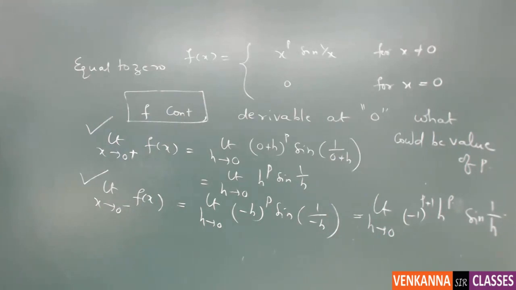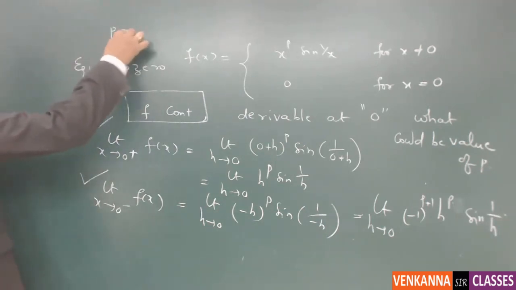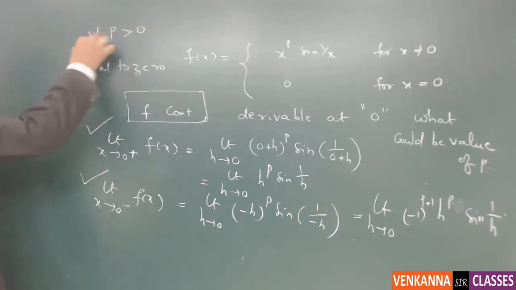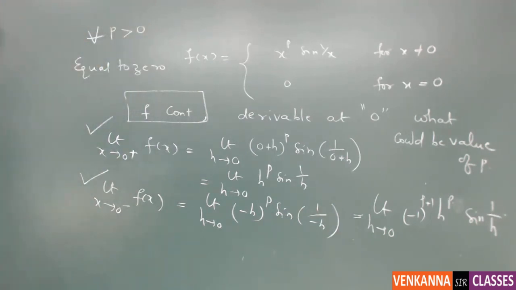Right. So except p is equal to 0, if you take any positive number, all the values will be equivalent to 0. Agreed? Because earlier you have calculated the limit part in the previous problem. So for continuity, for all p greater than 0, the function is continuous. That was the conclusion.